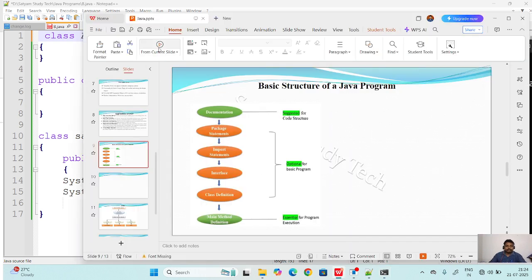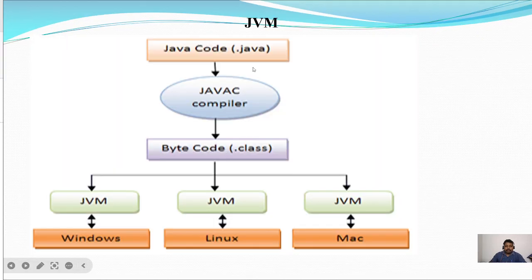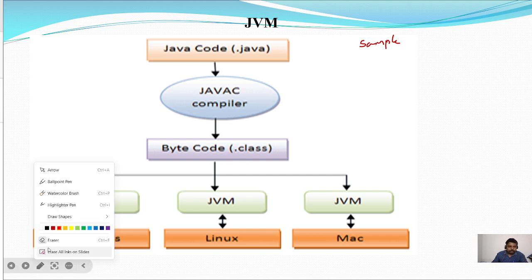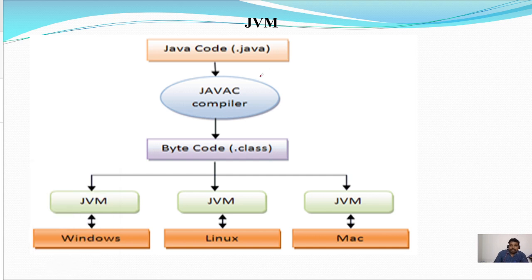Here you can see that, for example, in the previous program also I am saving the file, for example, as Satyam dot Java, and you can compile this file.